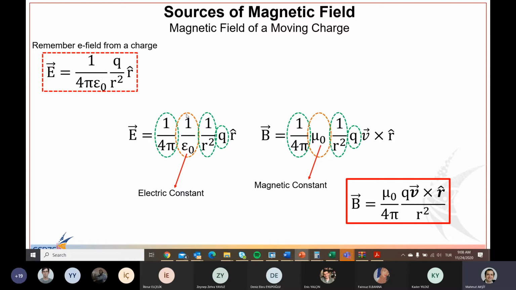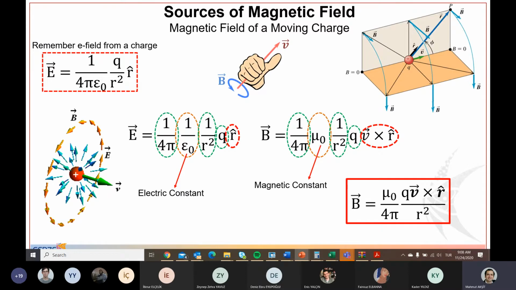In the E field, it was also proportional to the amount of charge. And the last part is slightly different. In the last part, in addition to this radial vector, we have the velocity, which is not a unit vector. We just multiply everything with velocity. Okay, here's what I mean.